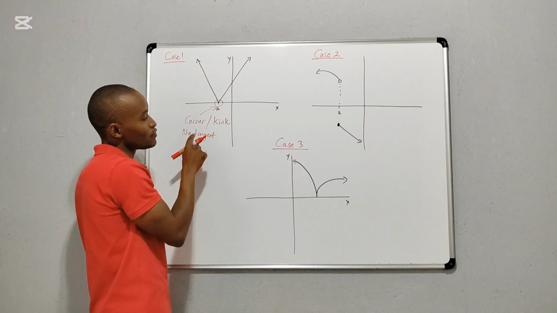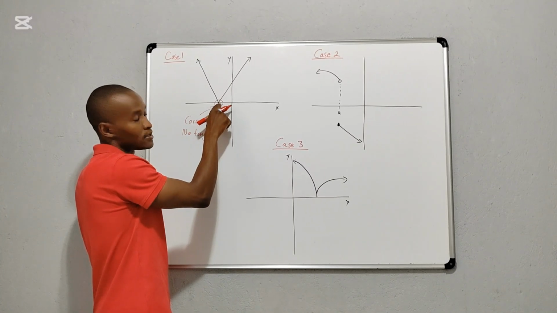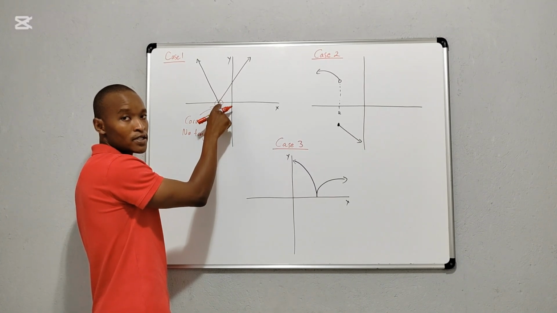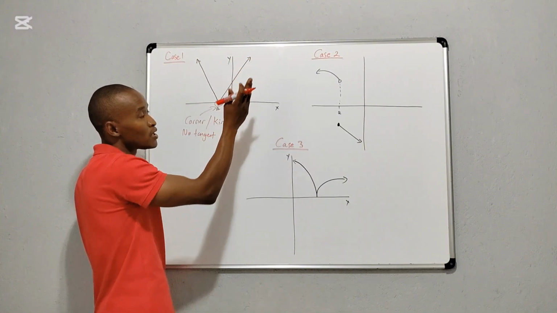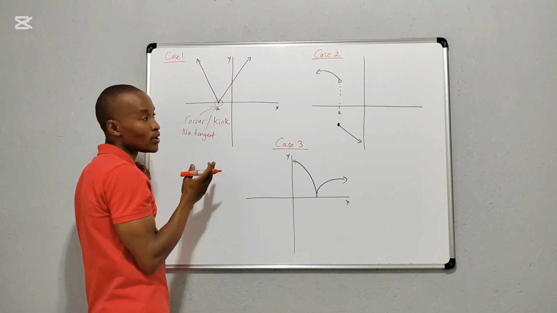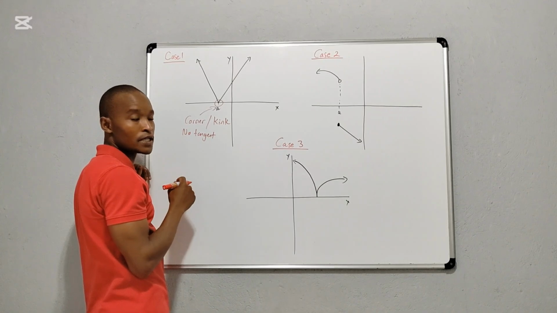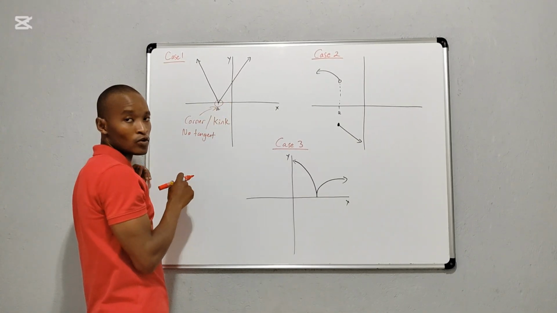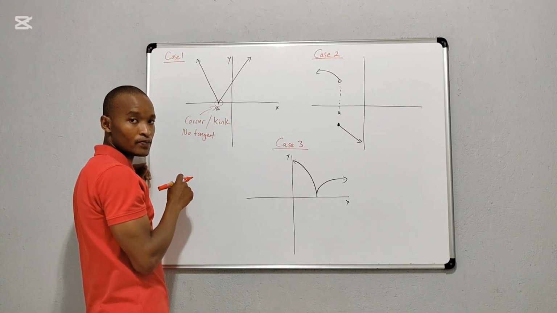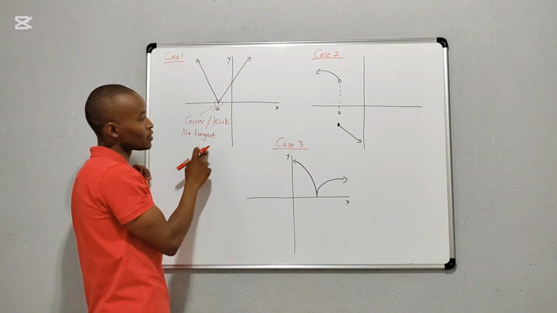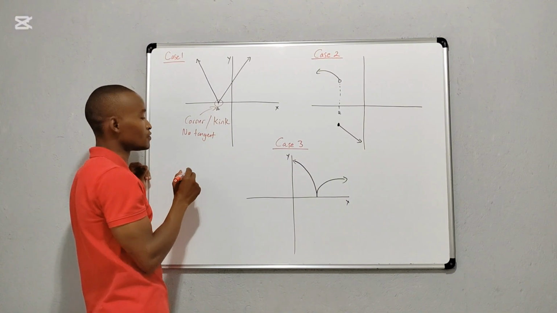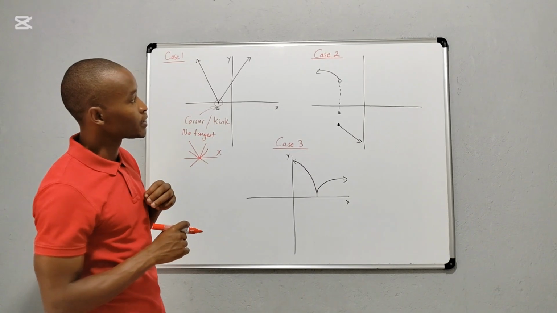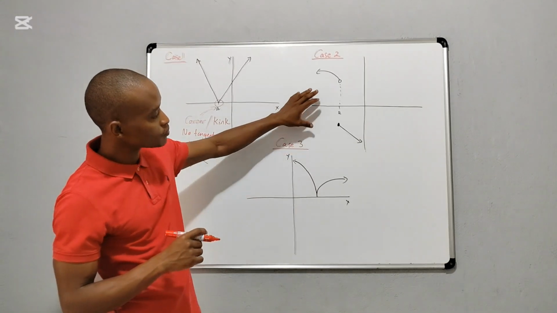All right. So therefore, we say that this absolute value function will not be differentiable. As much as it is continuous throughout its domain, from negative infinity to infinity, at that point it won't be differentiable, because we cannot produce a tangent that can approximate the rate of change. So let's go to case 2.